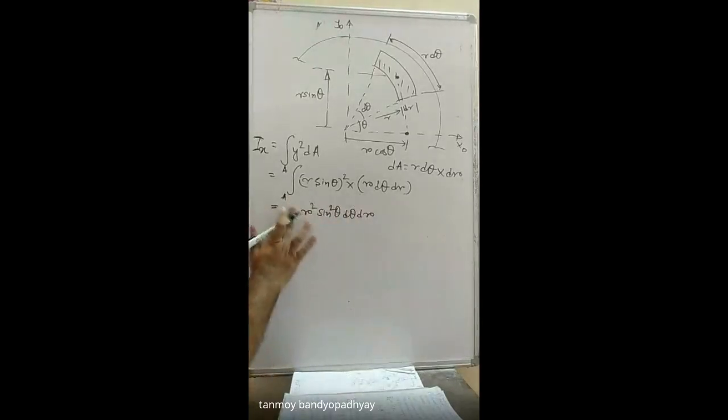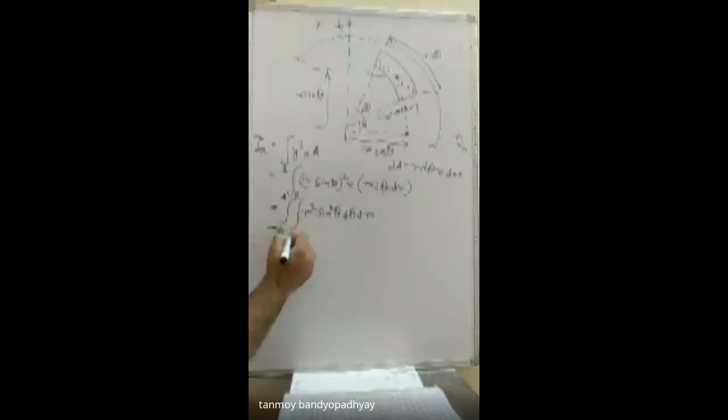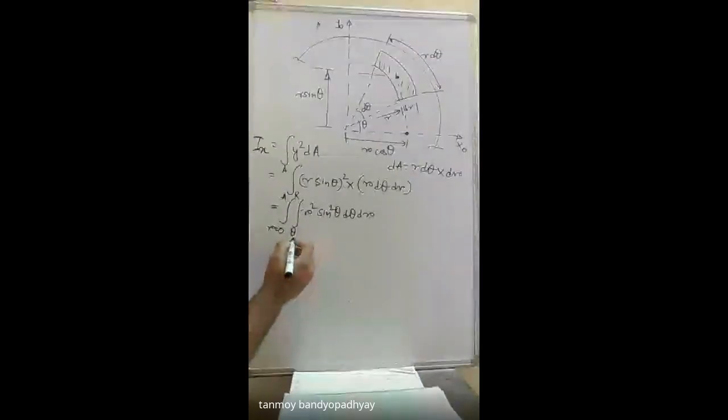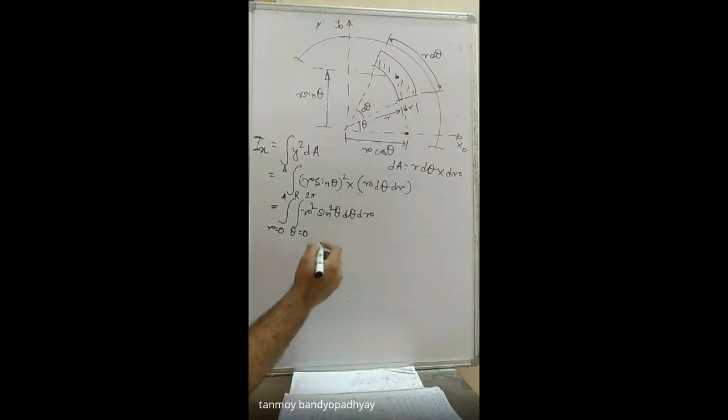If I break it into double integration, r varies from 0 to capital R, and theta varies from what? We are doing a circle, so theta will vary from 0 to 2 pi. ঠিক আছে? So you complete this integration. I will do it for you.